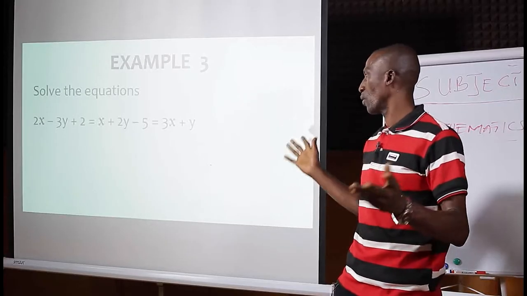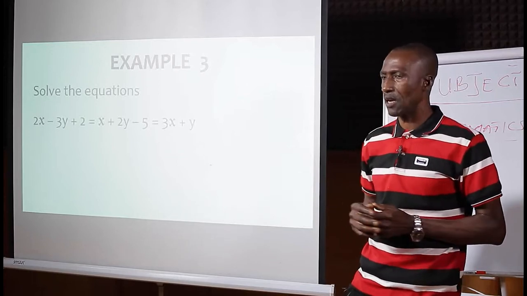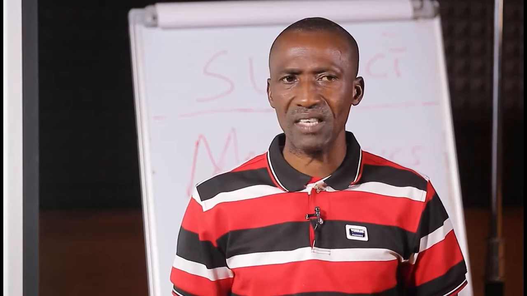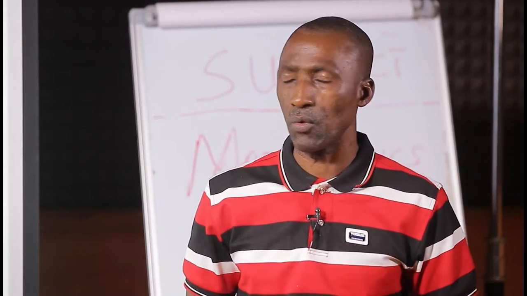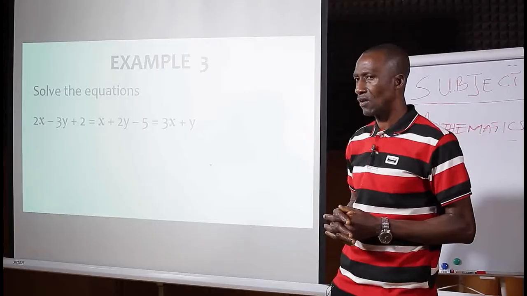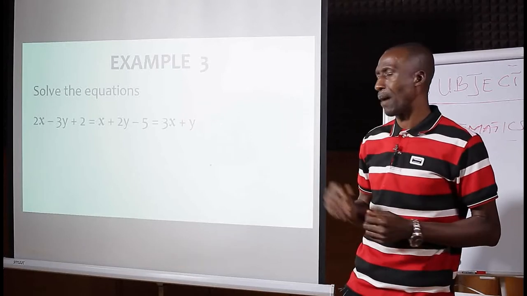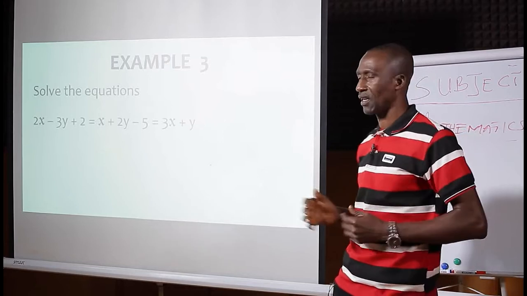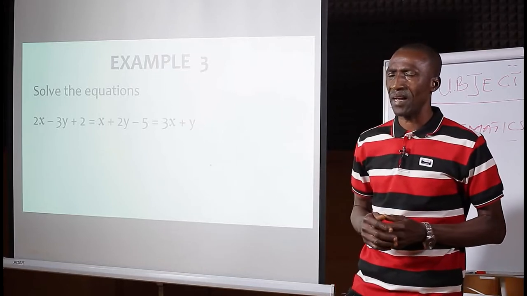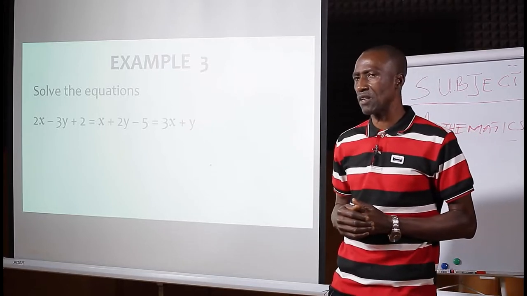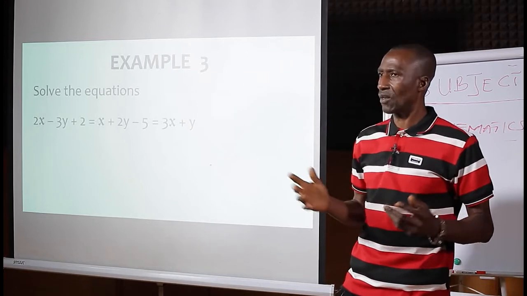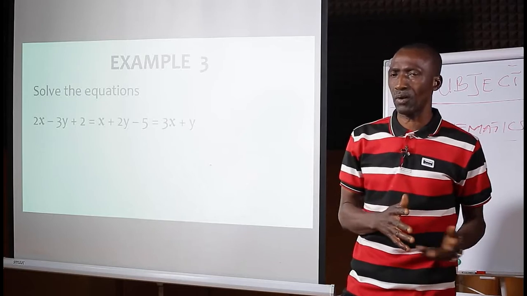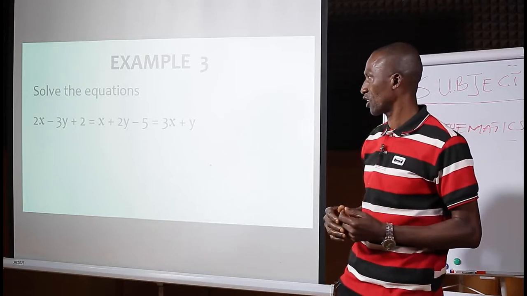Then number 2, if the signs of the balancing terms are the same, you subtract the equations. For instance, if they are minus minus or plus plus, you subtract the equations. And when the signs of the balancing terms are different, then you add the equations. For instance, minus plus or plus minus, you add the equations.